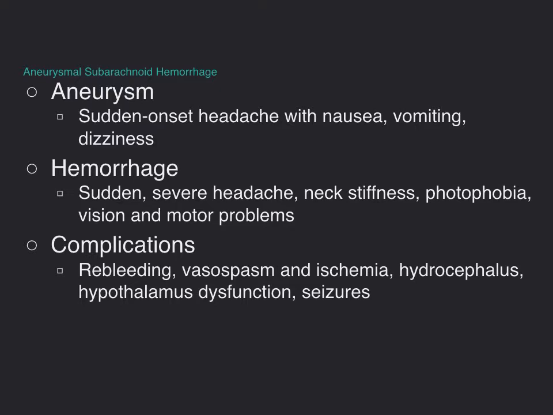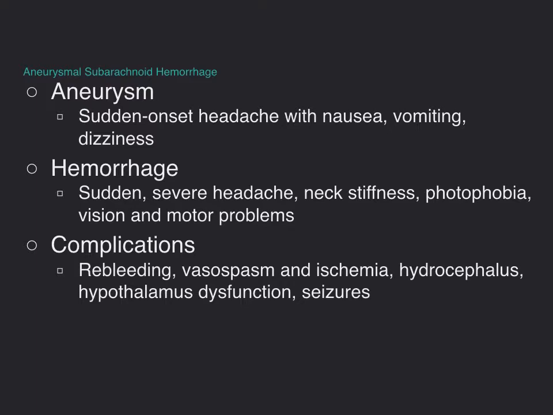The use of endovascular techniques like the balloon embolization and the platinum coil electrothrombosis is an alternative to surgery, particularly in the posterior circulation aneurysms, or if the person is a poor candidate for surgery. The complications of aneurysm rupture include rebleeding.